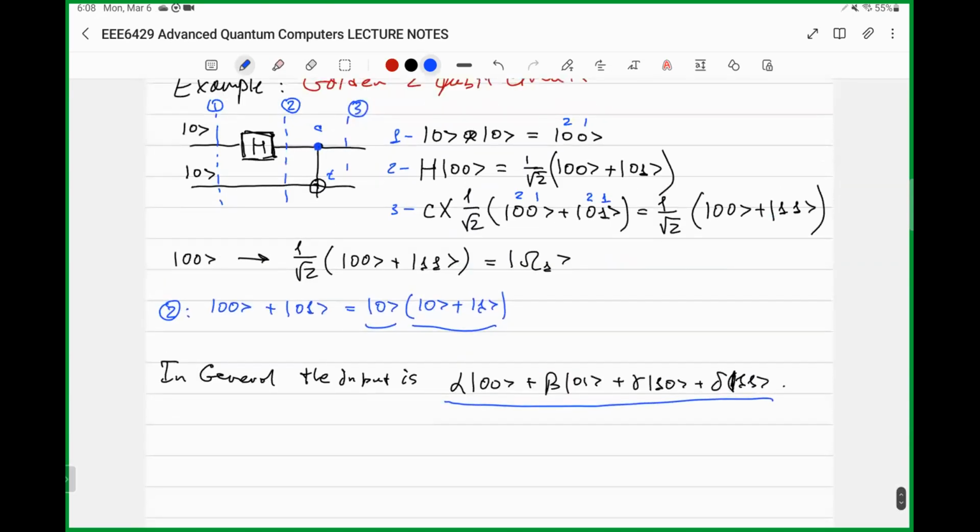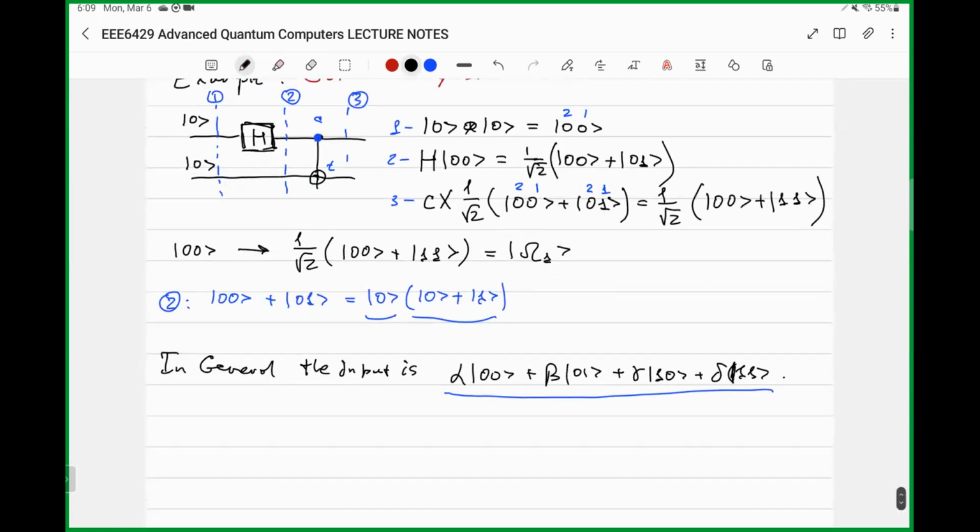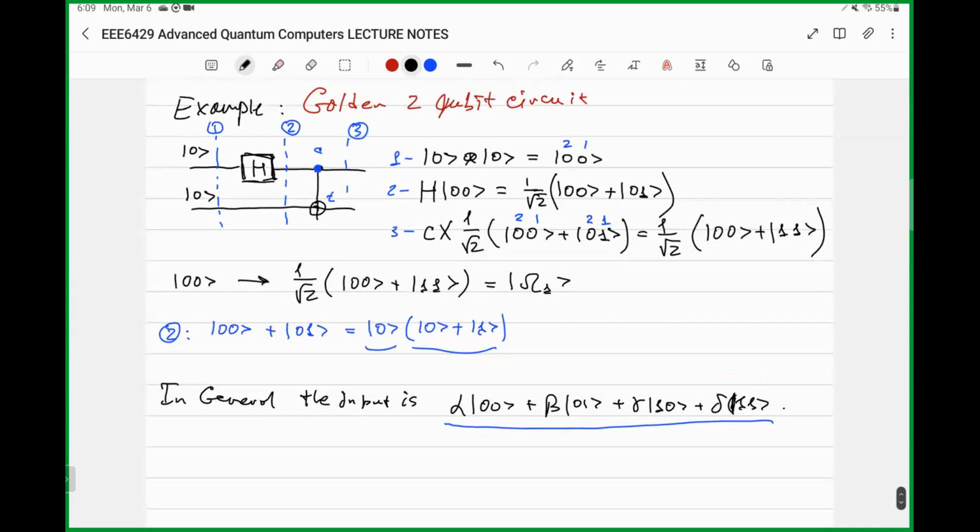And another aside here is to mention that I can actually reverse this circuit, right? And of course, you know the result, because in quantum mechanics, all operators, all circuits, etc., they have to be unitary.